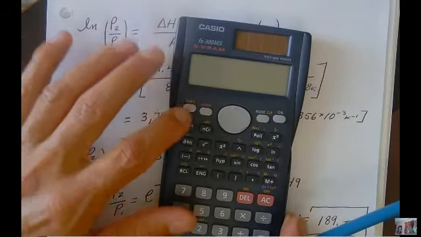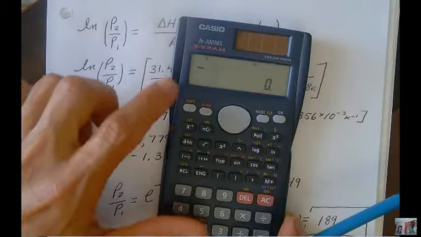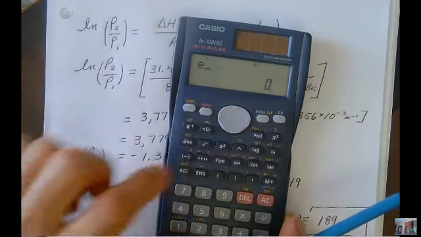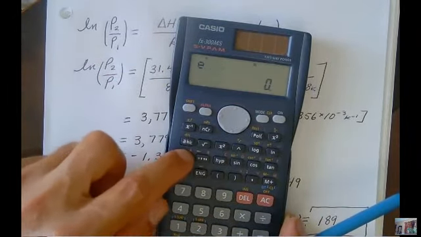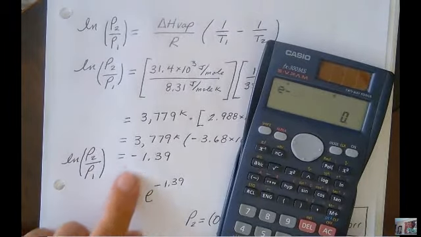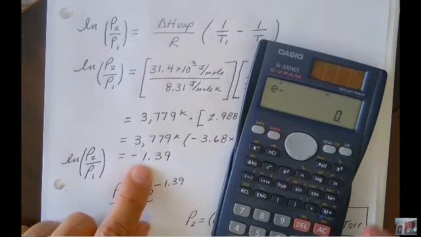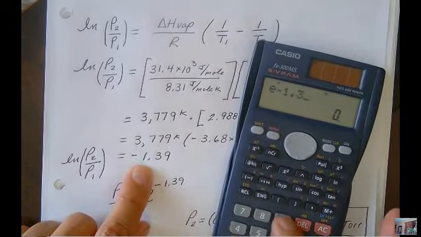So I'm going to go shift, well, first turn it on, right? So I'm going to go shift ln, so it gives me the e, then I'm going to go negative, okay? Some people would just call this the anti-log of 1.39.